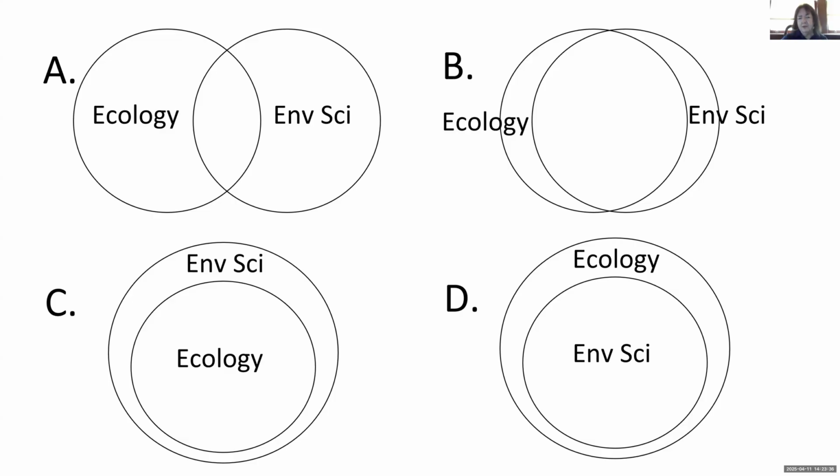So again, the university history and the university population of students have some impact on how much integration there is. How much should there be, if we're focusing on environmental problem solving as much as possible?